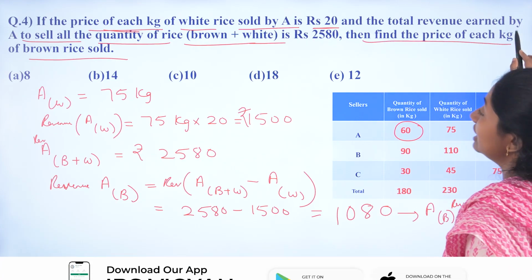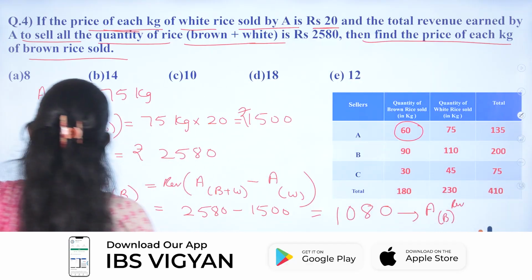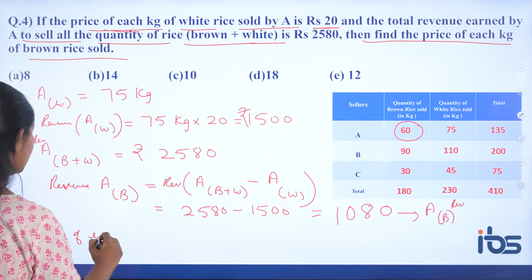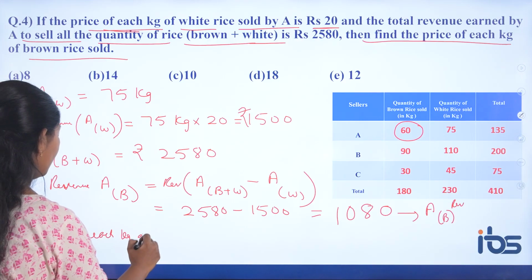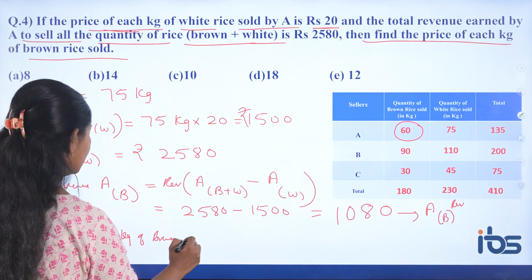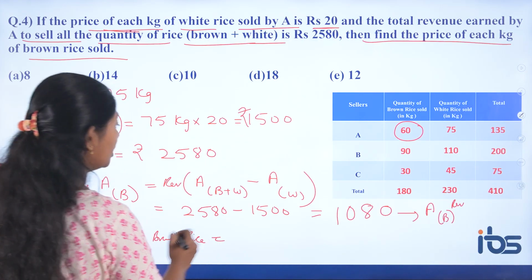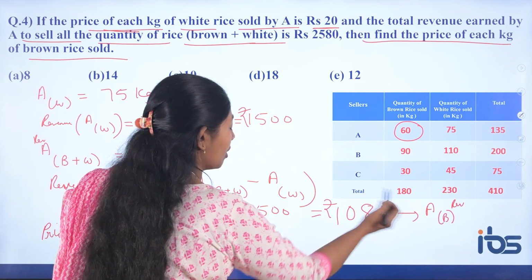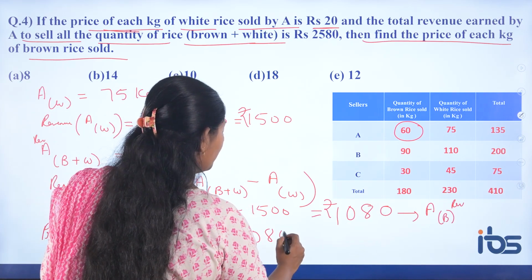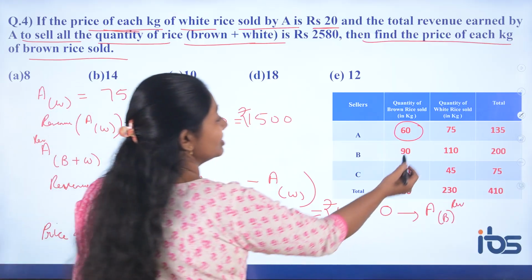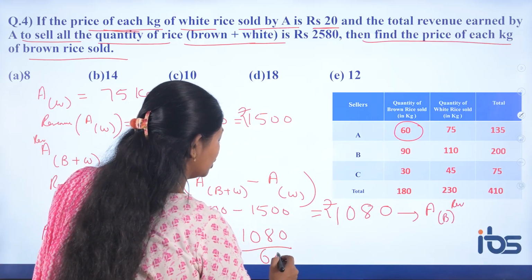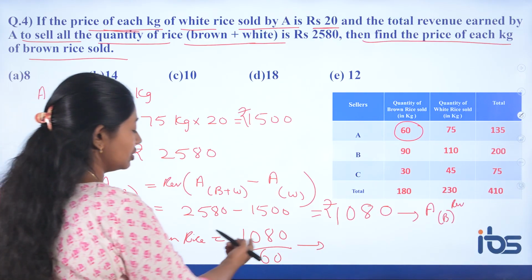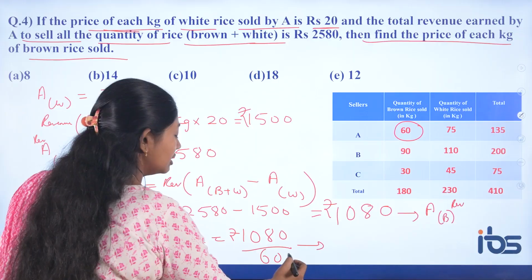Find the price of each kg of brown rice. Total revenue is 1080 for brown rice. That is for how many kg? That is for 60 kg. That means for 1 kg, how much? 1080 divided by 60, because this much rupees is the total for this many kgs.